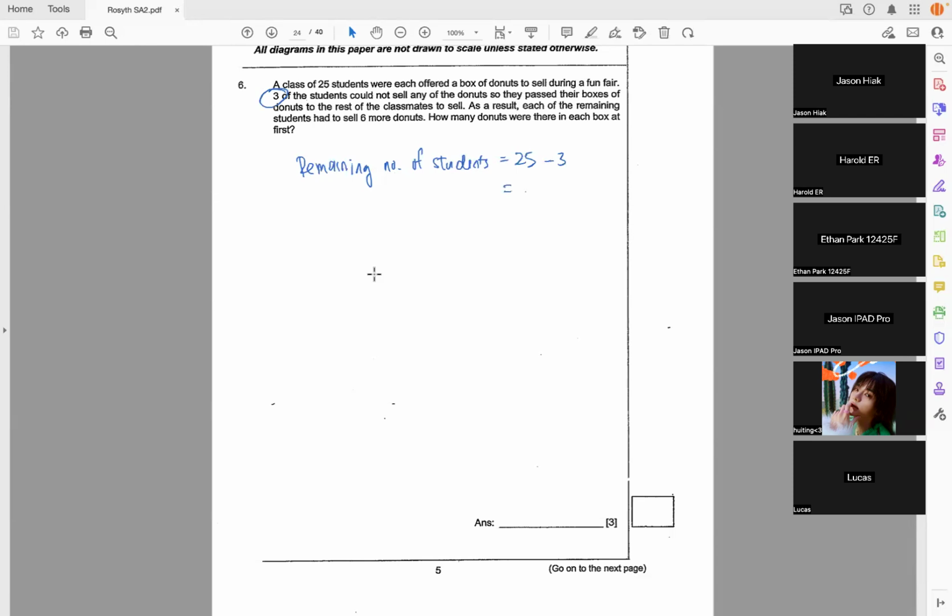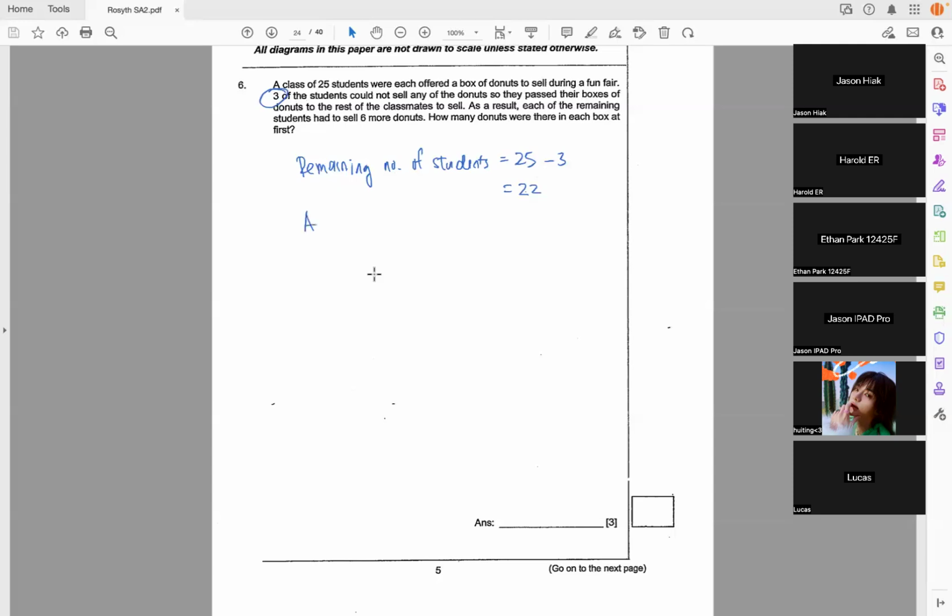So only 22 students are selling. There are 3 students not selling, okay? Only these 22 students are selling. And these 22 students are also selling the boxes of donuts that belong to the 3 students. Right?